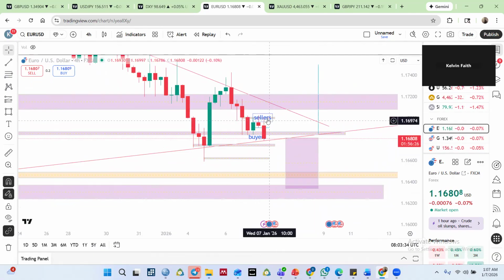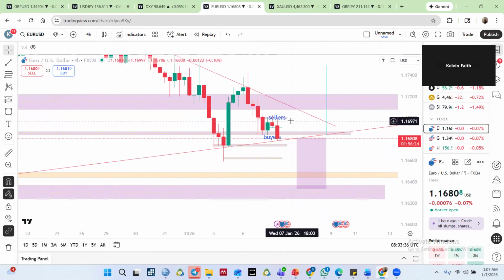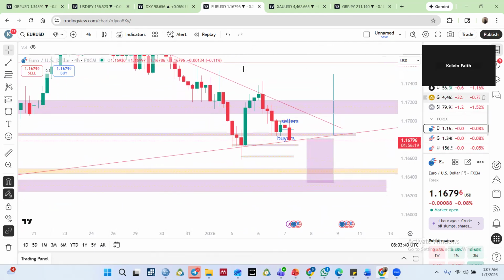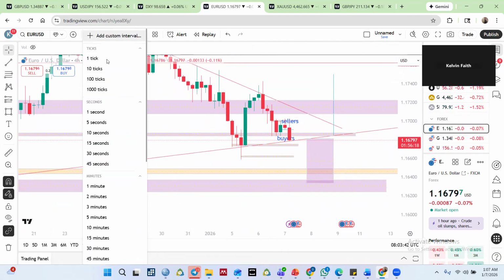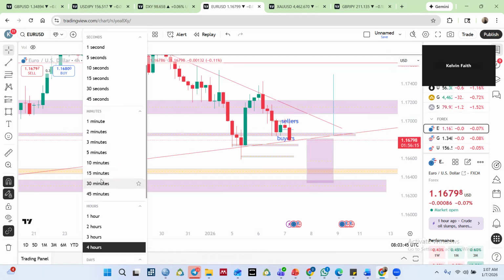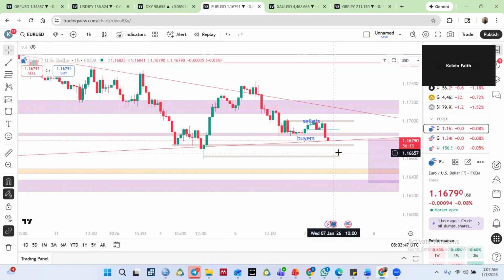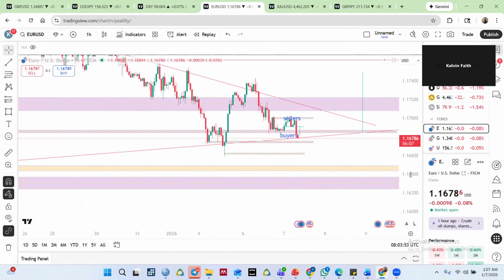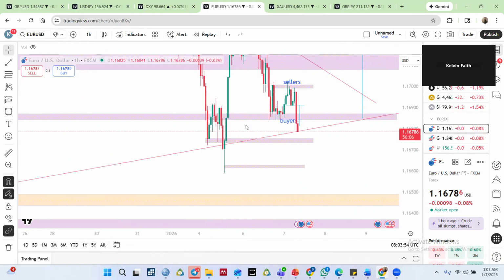On the 4 hour, we see price engulfing. I mean, this is very clear engulfing activity happening right now. Okay, so everything shows clearly.